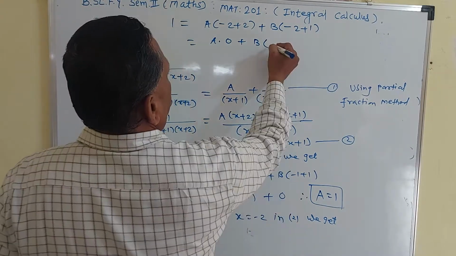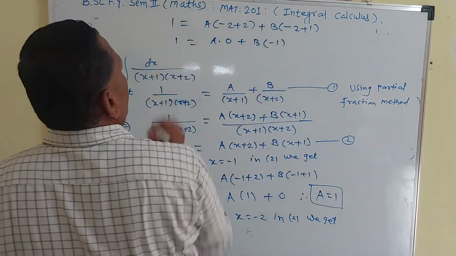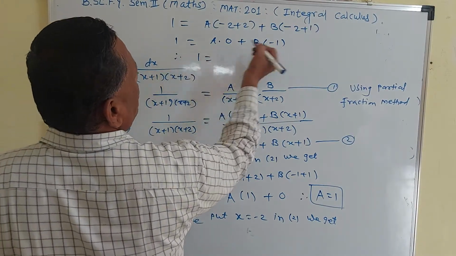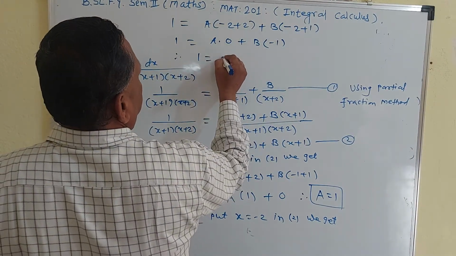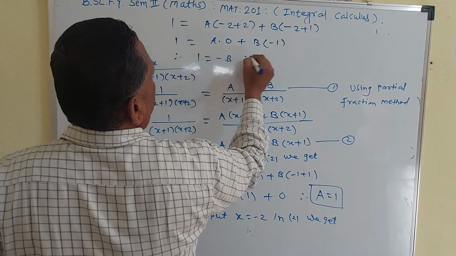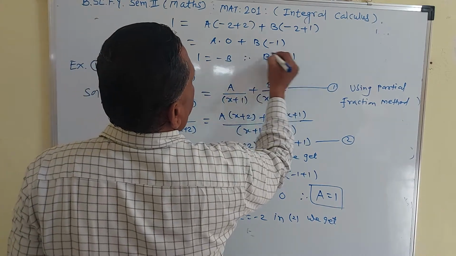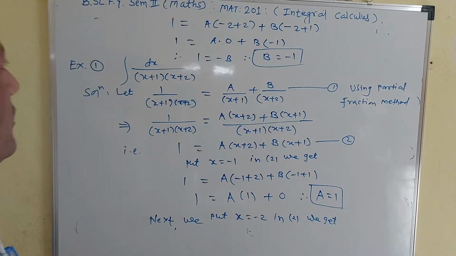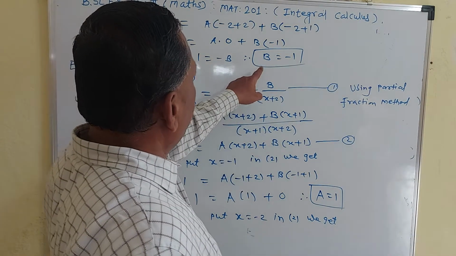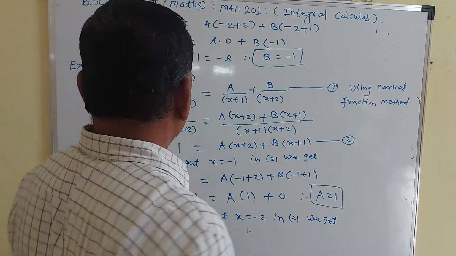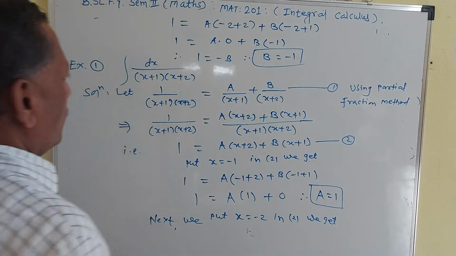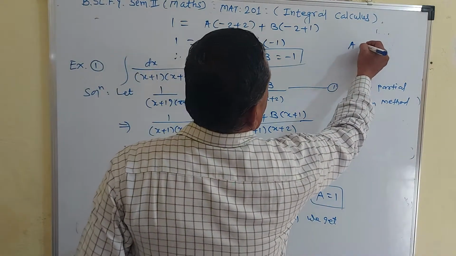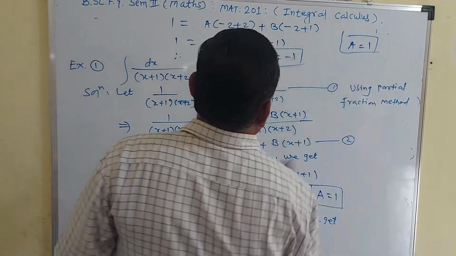Therefore, it is equal to A into 0 plus B into minus 1. Therefore, 1 is equal to 0 and minus B. Therefore, the value of B is equal to minus 1. So you get the value of A, and you get the value of B. Then using equation 1 we have, I will remove this because you have the values of constants A and B.